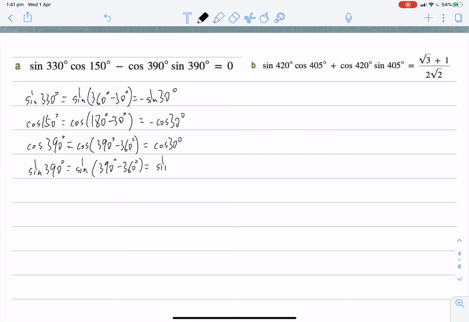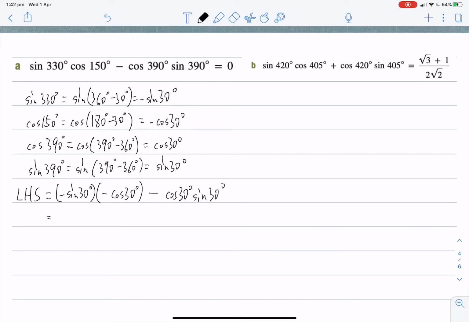If we do substitution, the left hand side equals sine 330, which is the same as negative sine 30 degrees. Yeah, put a bracket around it. And then times cos 150, which is negative cos 30 degrees, minus cos 390, which is cos 30 degrees, times sine 390, which is sine 30 degrees.